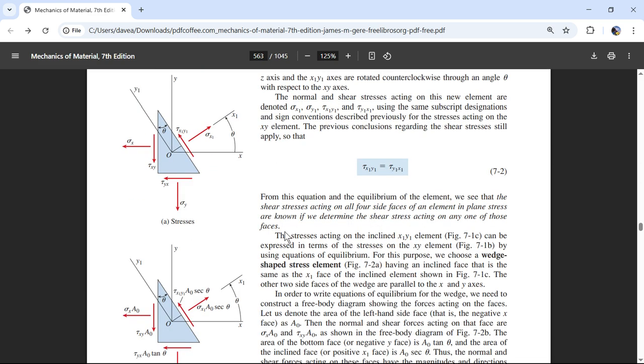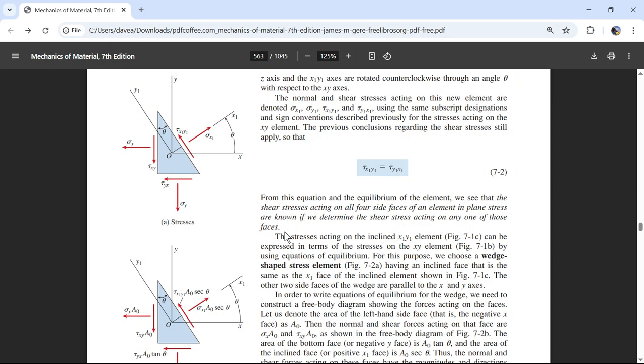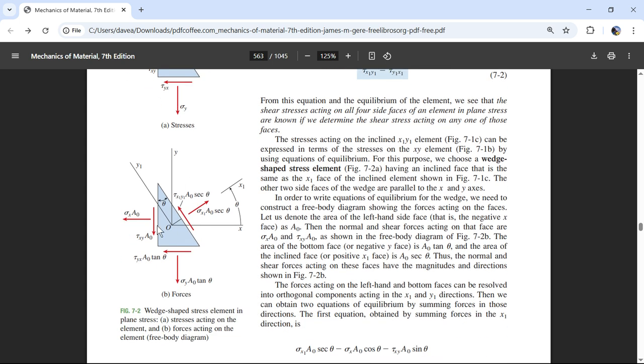You have these diagrams, and most of it is going to be normal stress. That's the letter sigma, and we have tau for shear stress. These are not free body diagrams, but this is a free body diagram.